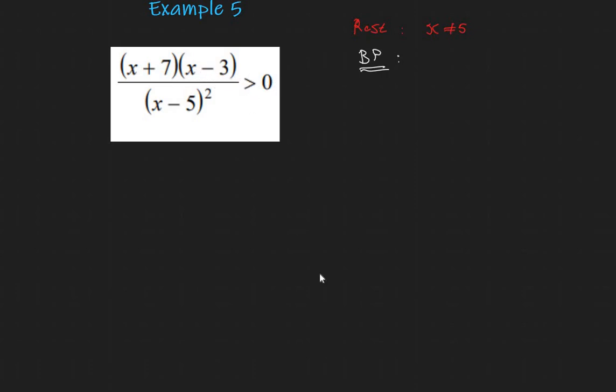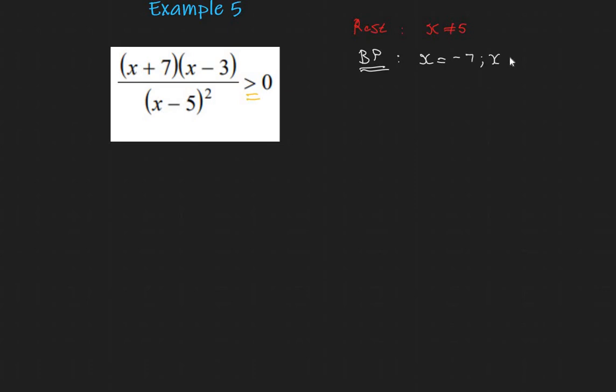Because remember, when we do boundary points, we're busy with the equal to 0. And then for a fraction, that will be the numerator equal to 0. So therefore, the boundary points will just be x is minus 7, and also x can be 3.